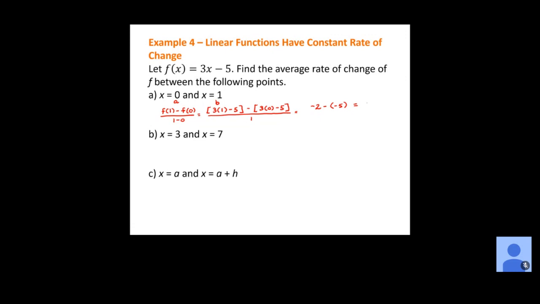Right, that becomes addition, and so this becomes a positive 3. And so our average rate of change between 0 and 1 should be positive 3. So just don't forget, subtracting a negative becomes addition, so negative 2 plus 5 is 3. Any questions on that one?